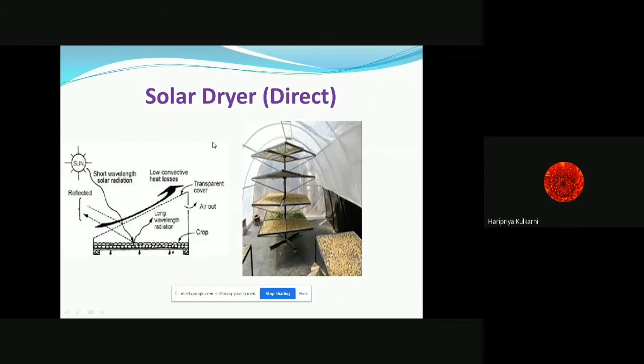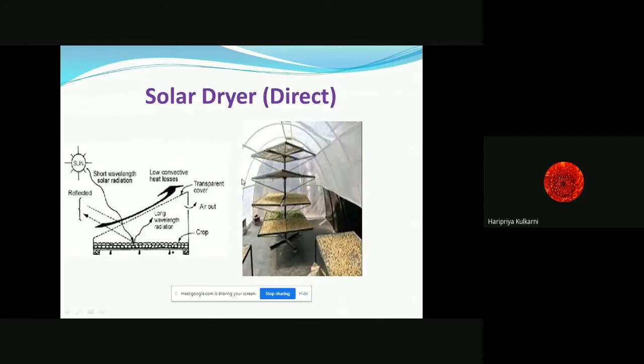So solar radiations directly fall on it, will get absorbed, and if it is rice, it will get cooked. If it is groundnut, it will get heated up and it will get roasted. So this is how the solar drying direct application can be used. Directly sun rays come in contact with the material to be dried. I hope all of you have understood it.